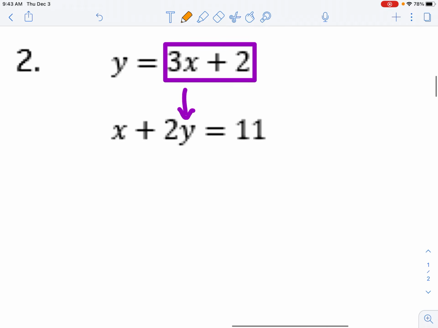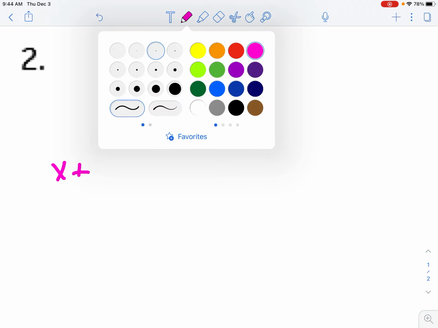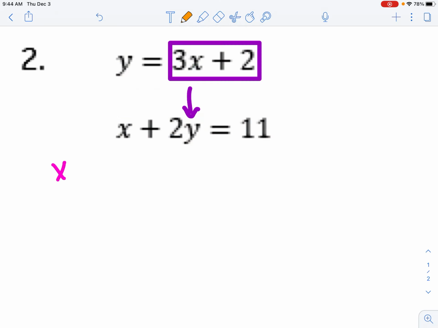Okay, as you can see, I've already got a box around what y is equal to. So I'm going to plug that in for y in the second equation. So if I plug it in there, then I'll have x plus, actually let me change colors quick. Let me do this color.